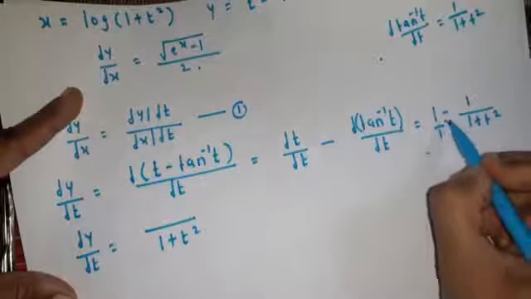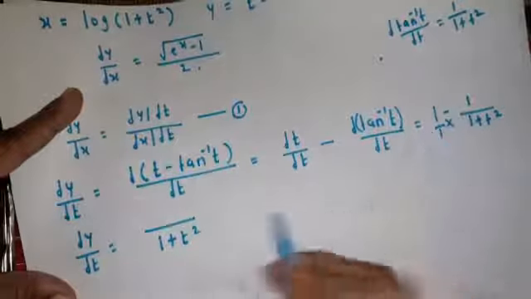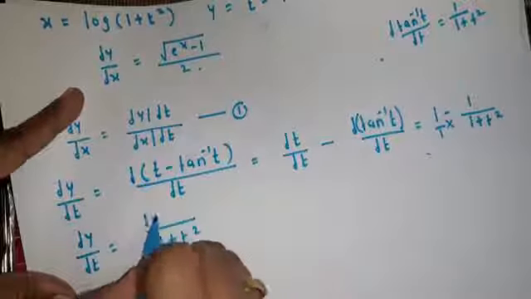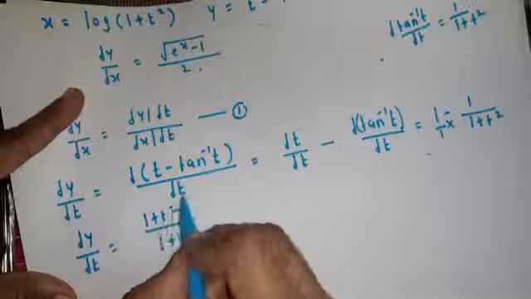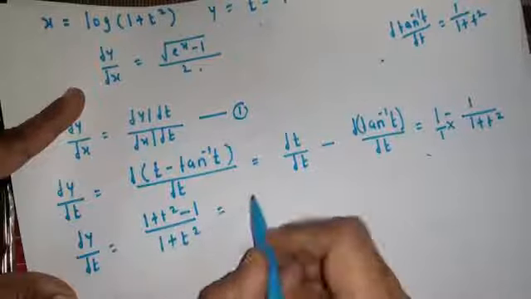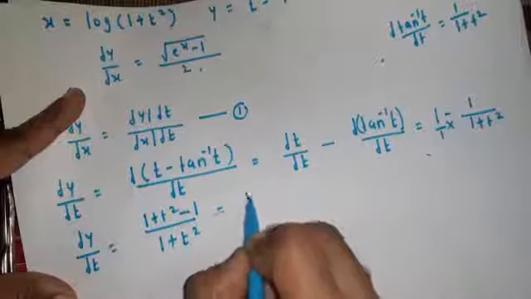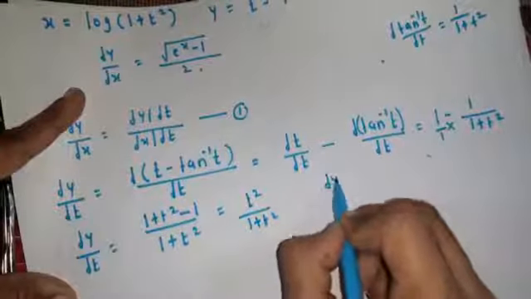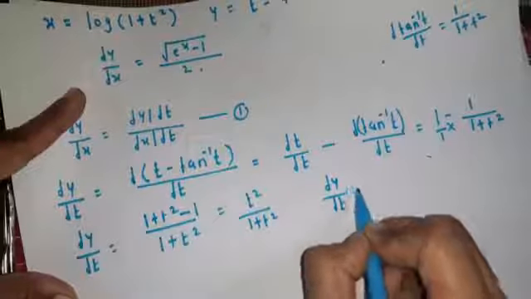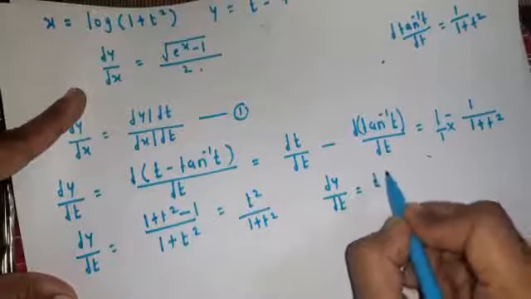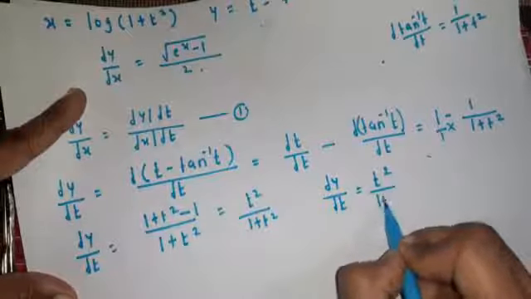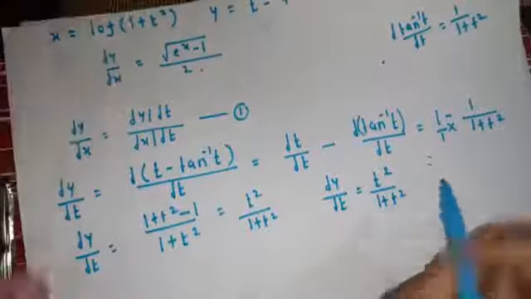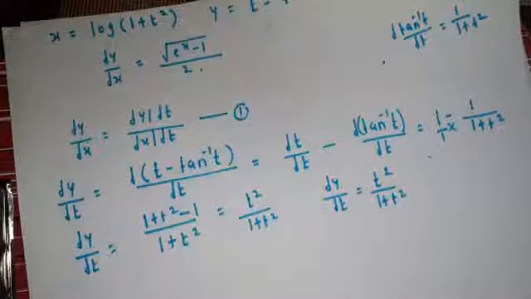So by using cross multiplication we get 1 into 1 plus t square is 1 plus t square minus 1, and therefore t square upon 1 plus t square. So dy by dt equal to t square upon 1 plus t square. Okay students, this is second.